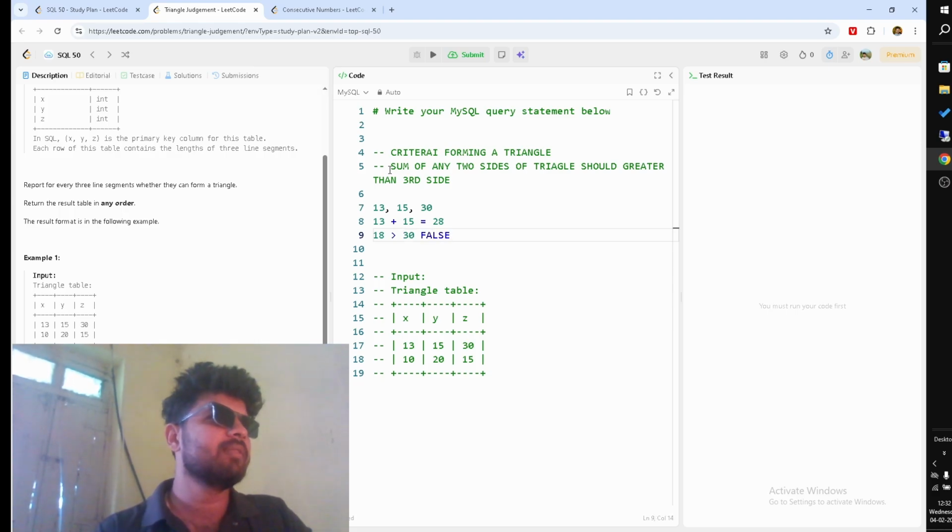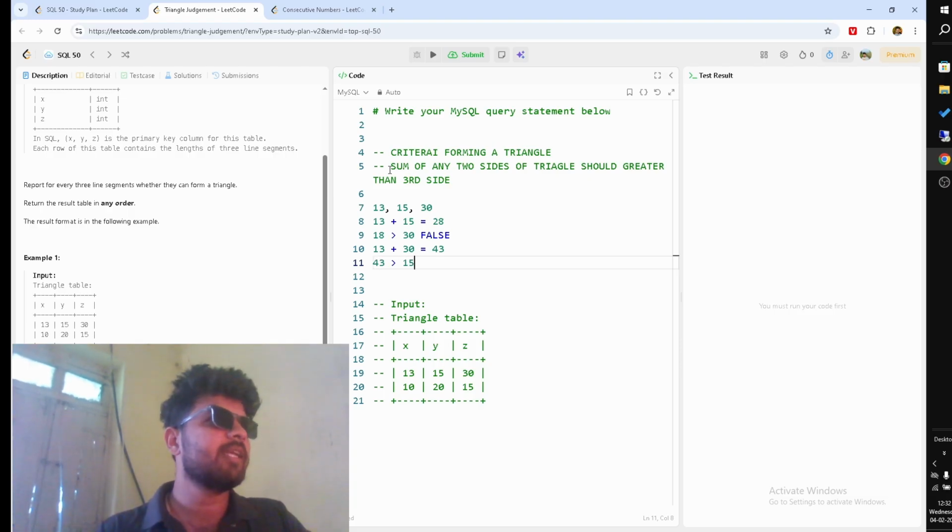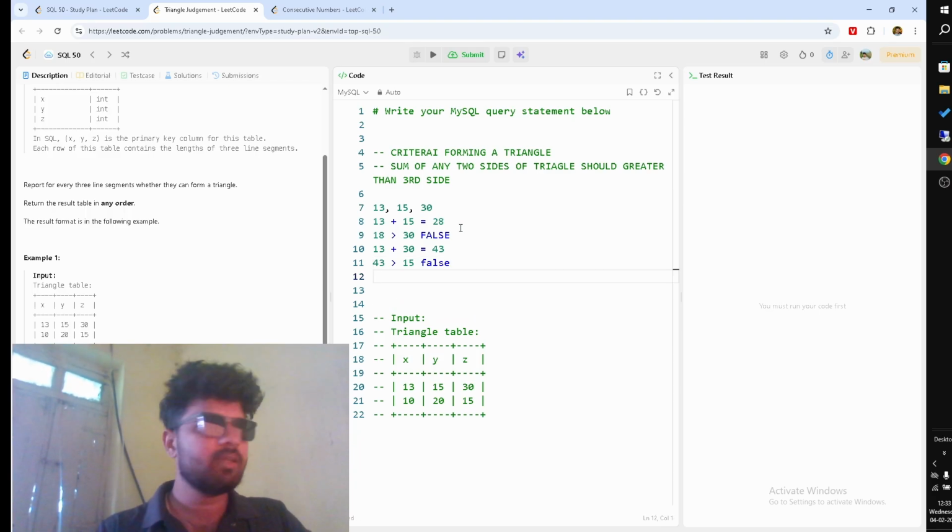If we take 13 plus 30, that is 43, and 43 greater than the remaining side, 15, is also false. The remaining one, 15 plus 30, is 45, and 45 greater than the remaining side, 13, is also false.